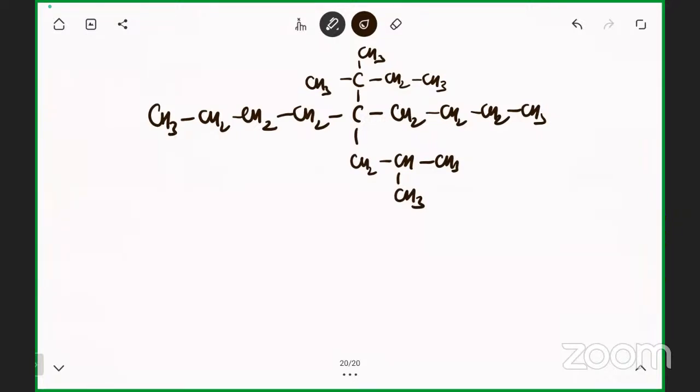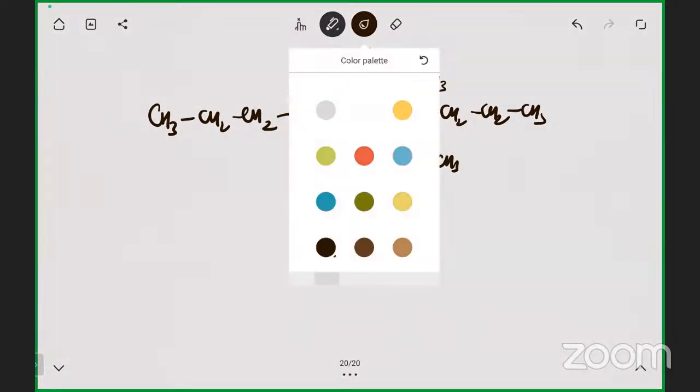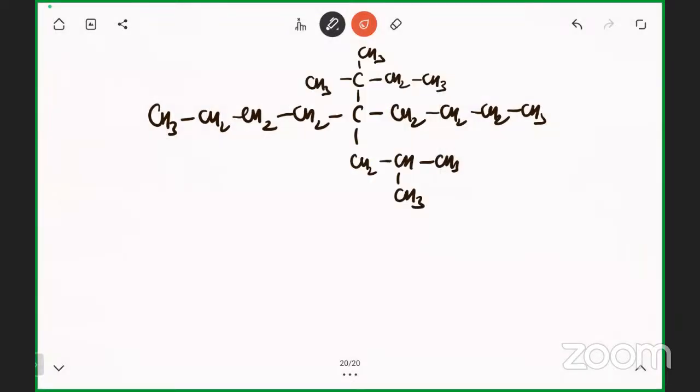Done. Okay. Let's start doing this. Numbering, left side, right side.